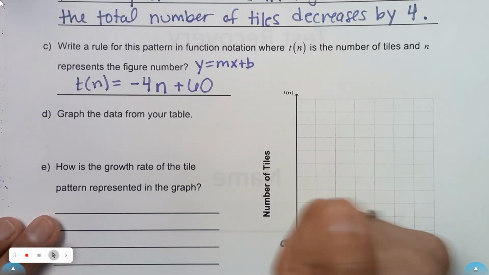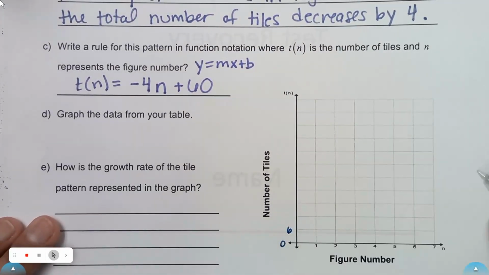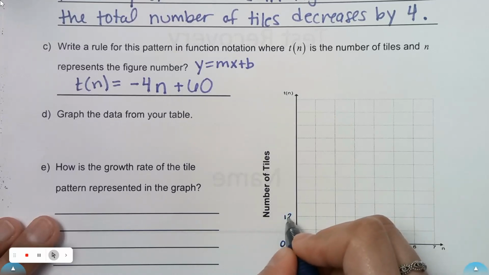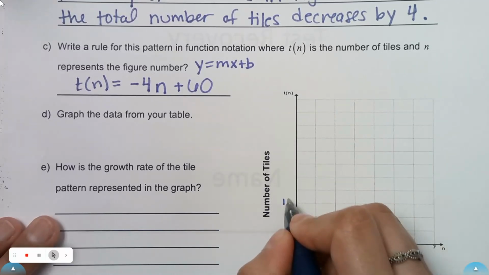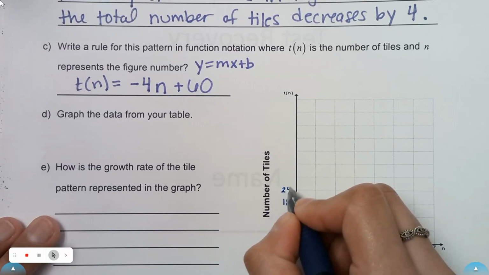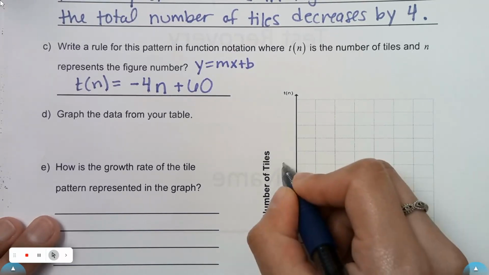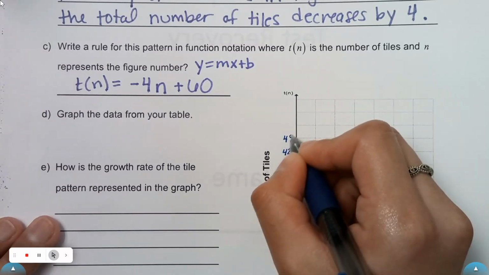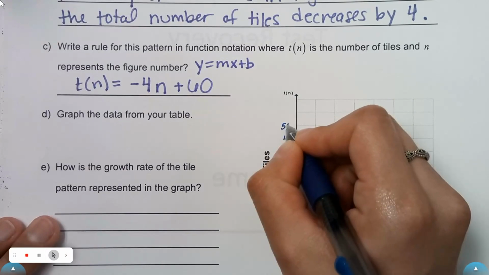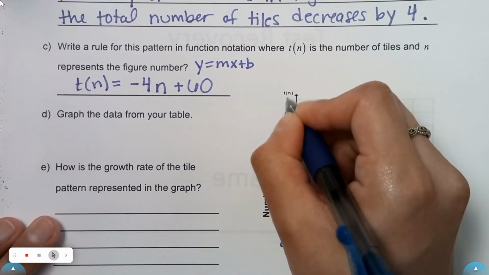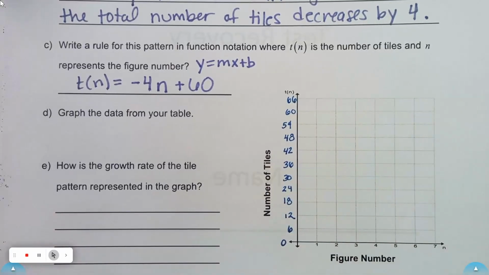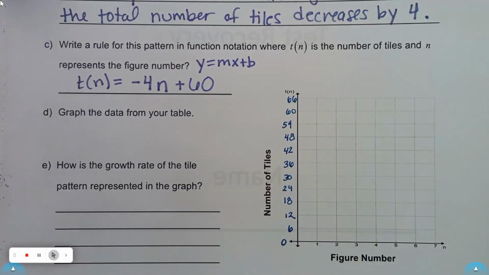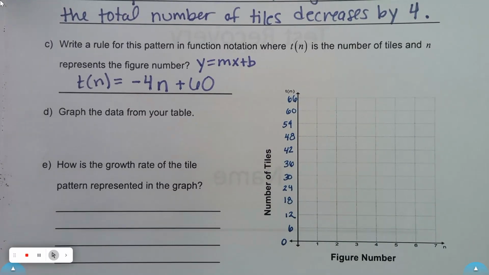So this is 0, 6, okay, then I have 12, 18, 24, 30, 36, 42, 48, 54, 60, and 66. So we want to make sure we go all the way to 60, and then once we get to 60, we have to keep that axis going.